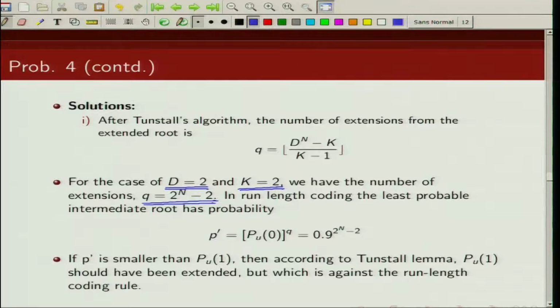We are basically doing n runs of zeros followed by 1. So in run length coding, the least probable intermediate node will have probability p dash given by the probability of 0 raised to power q, because in run length coding we are having n runs of zeros.